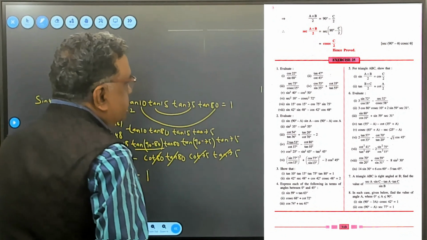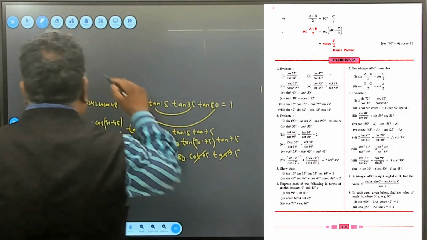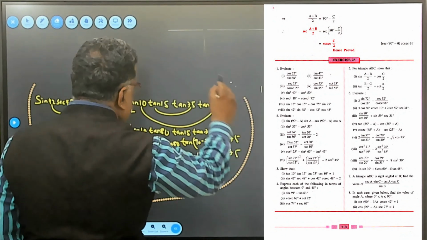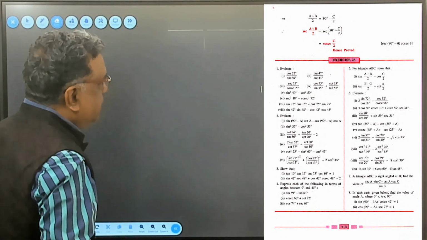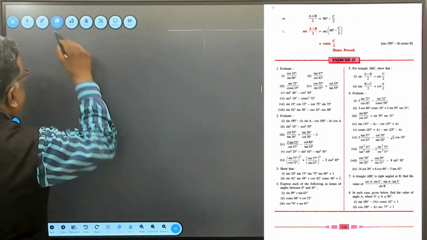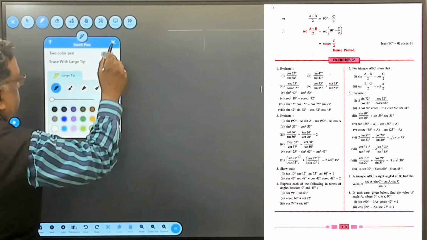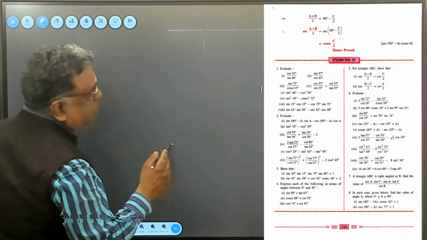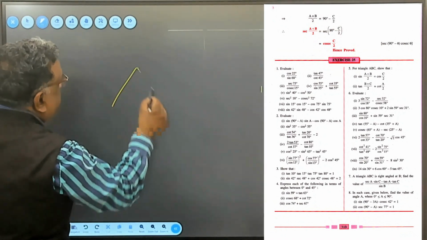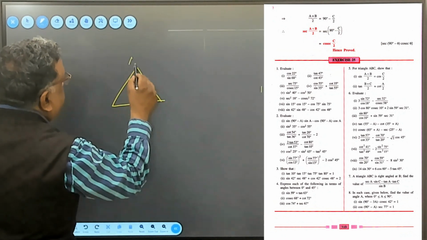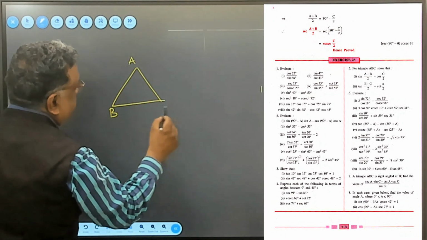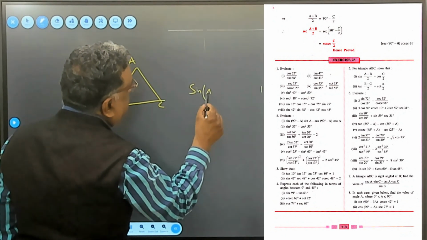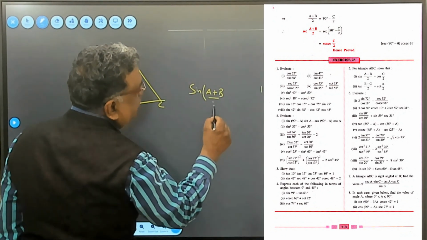Question number 5 we'll try to solve. For a triangle ABC, it is not mentioned it is a right angle triangle, but we have to prove in a triangle ABC that sine of (A plus B) by 2 is always equal to cos C by 2.